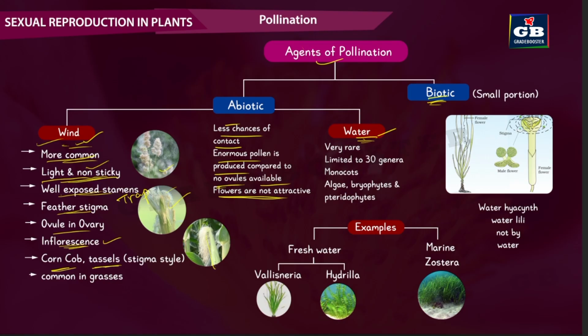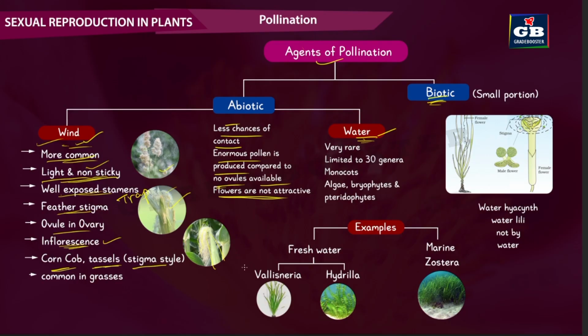So we know the corn cob. The corn cobs will have tassels, some hair-like structure. If you see regular corn or sweet corn, at the top you will find some hair-like structure. These hair-like structures are called tassels of corn cob. These are nothing but the stigma and the style of the flower.